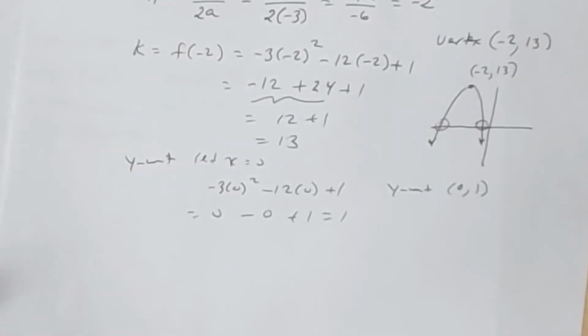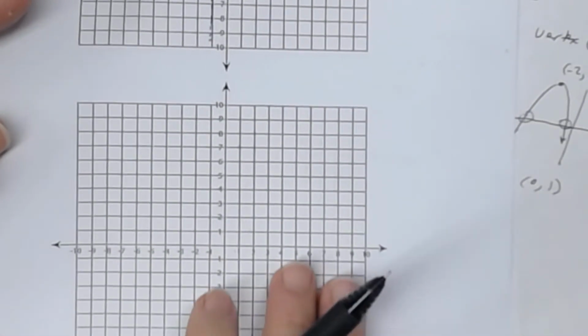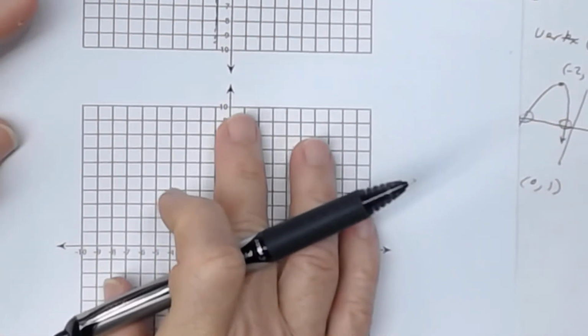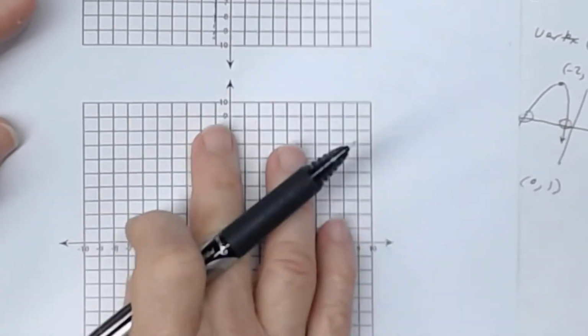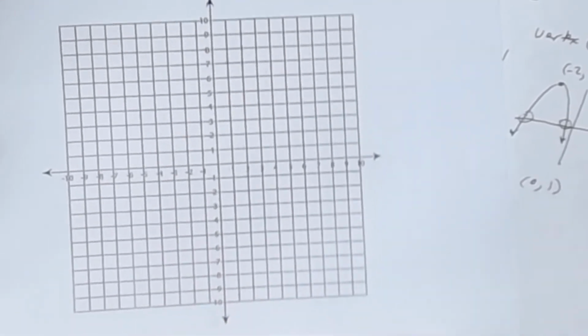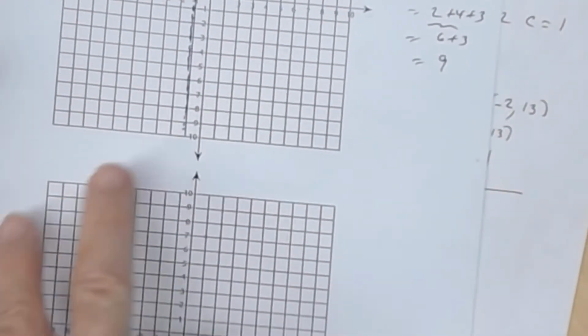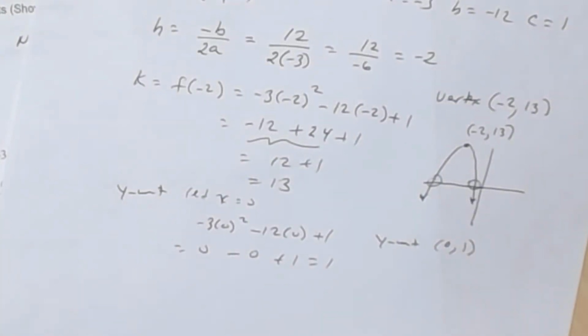So let's go ahead and plot that point. Now, I'm not going to use this grid here, because remember, it went all the way to 10, 10, negative 10, negative 10. So your vertex is (negative 2, 13), so it falls outside of this. So I'm going to go ahead and use a different grid.